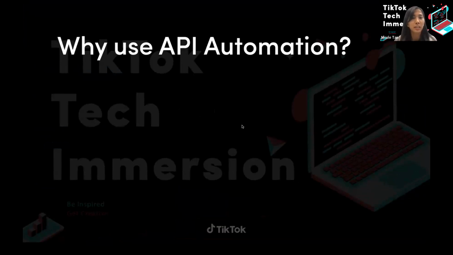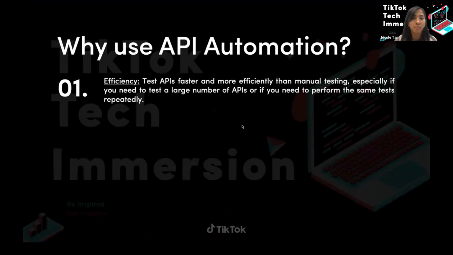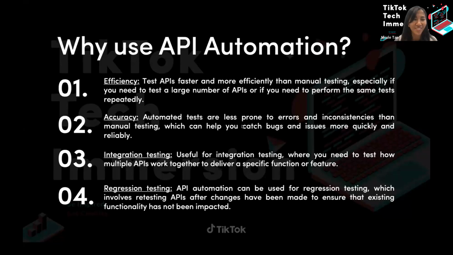So why use API automation, if UI automation should cover API automation as well? First thing is efficiency. API automation is generally faster, not just faster than manual testing, but also faster than UI testing. I'll cover that more later.